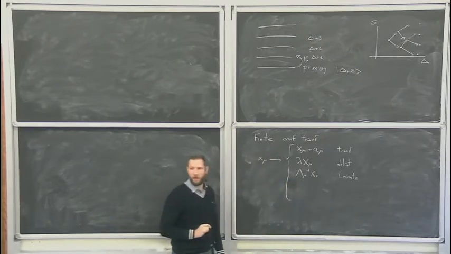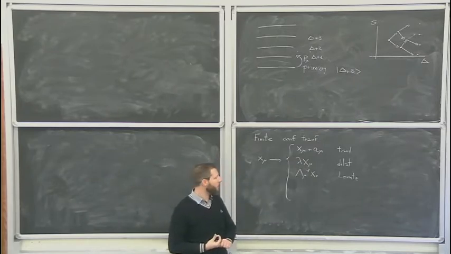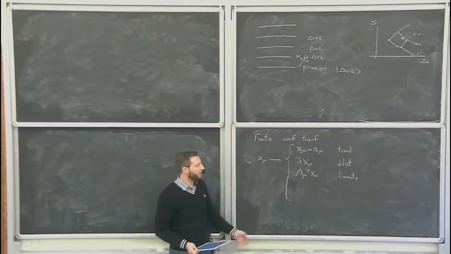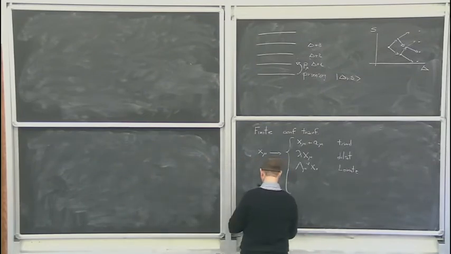But then the finite form of the special conformal transformation is slightly more complicated, and it's not very simple to integrate the infinitesimal form to get the finite one. And it looks something like this.